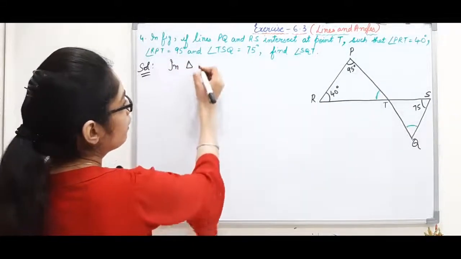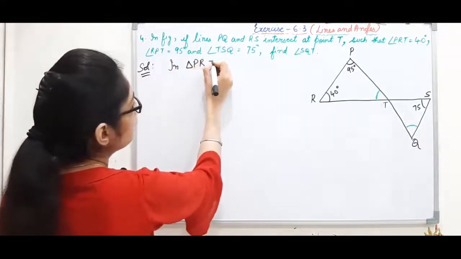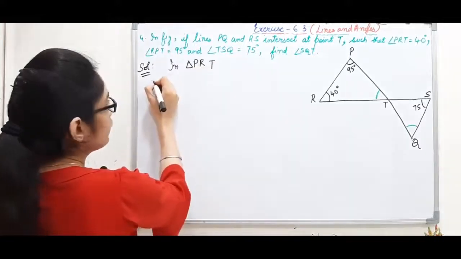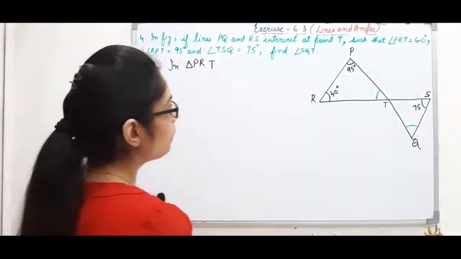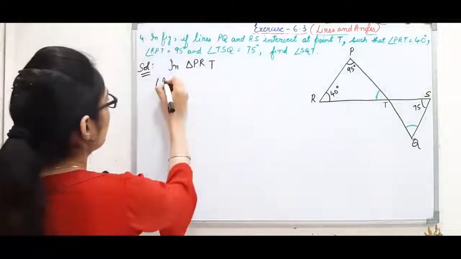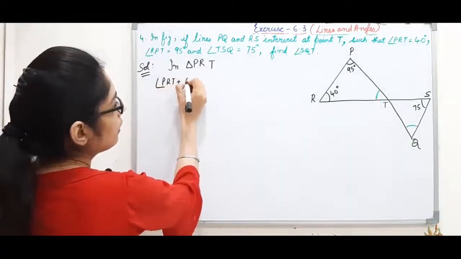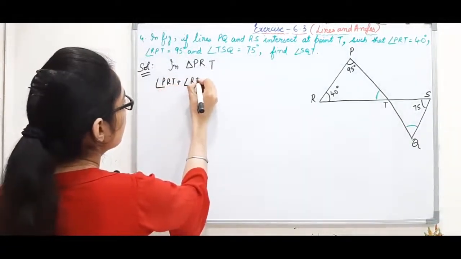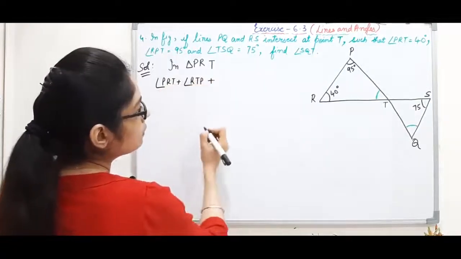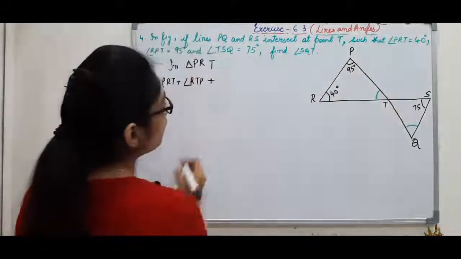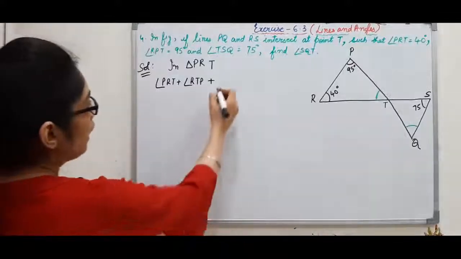In triangle PRT, so complete names we can write angle PRT plus angle RTP, which we have to find, plus angle RPT.